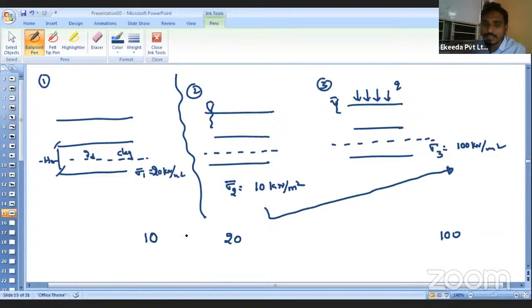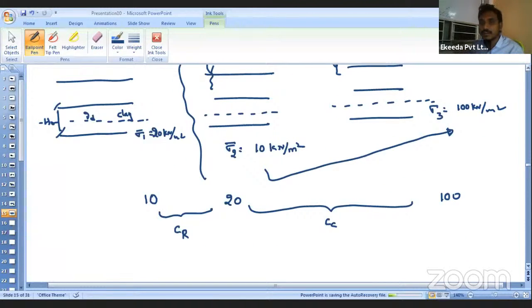So wherever there is a pre-consolidation, there we have to use the recompression index. If pre-consolidation is not there, then we simply use the compression index. So wherever pre-consolidation has happened, there we use the recompression index and then find the settlement.